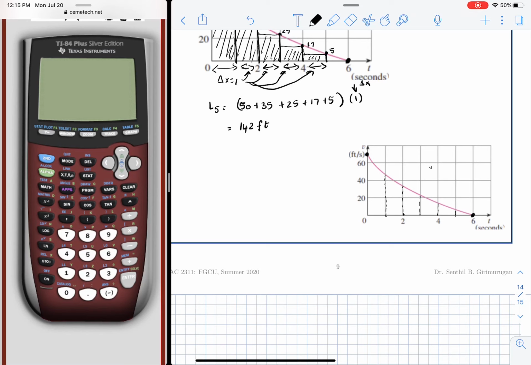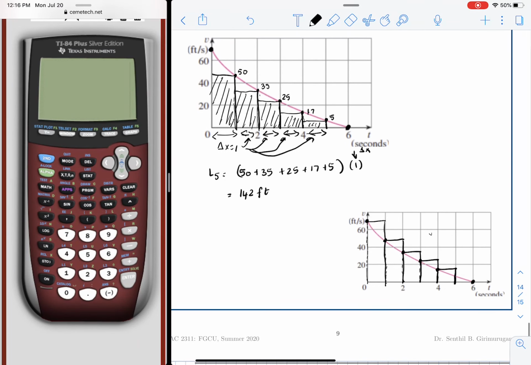So I'm going to start at the left endpoint and go over and down, over, down, over, down, over, down, over, down.